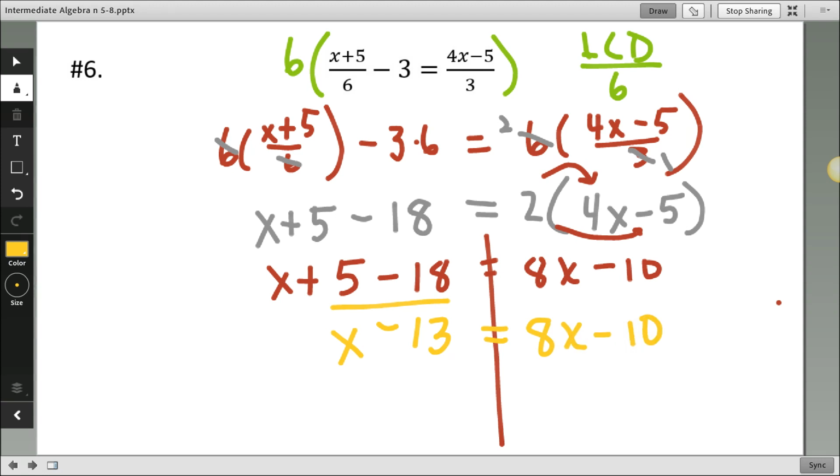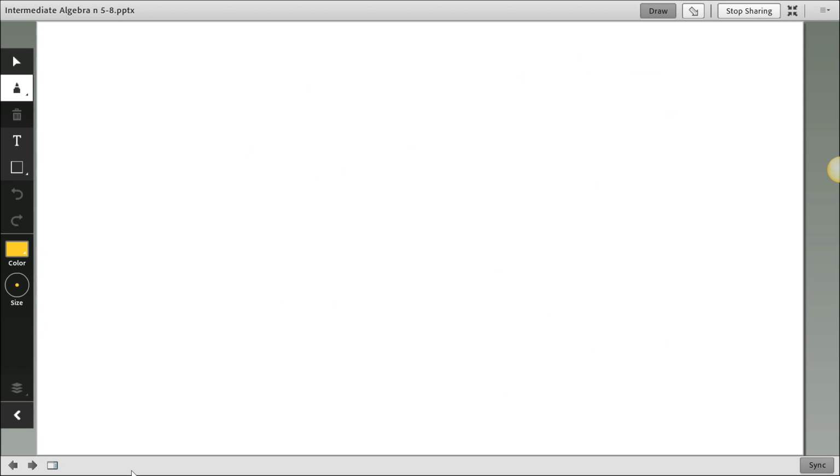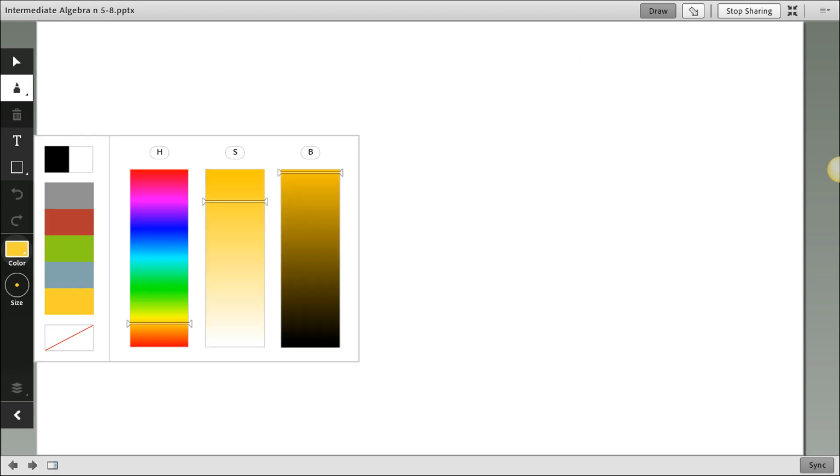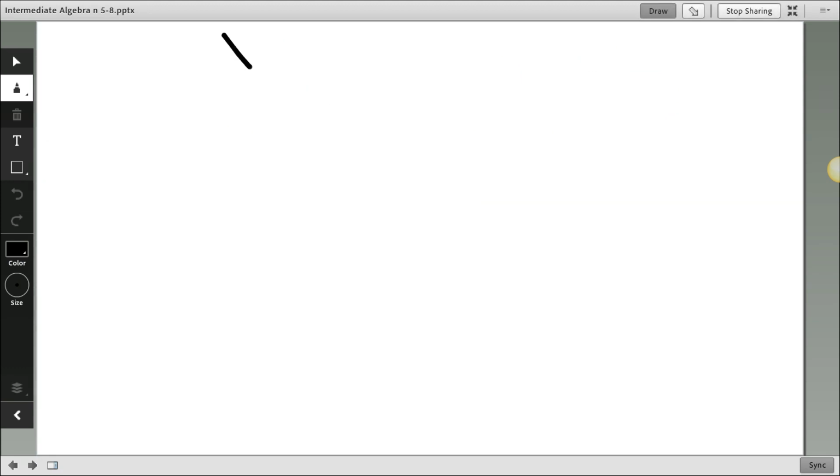So at this point, I've got a multi-step equation with variables on both sides. And now it's just a matter of getting the variables on the same side. So I'm going to go to the next screen. I've got x minus 13 equals 8x minus 10.